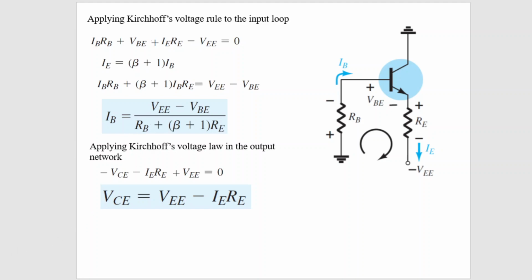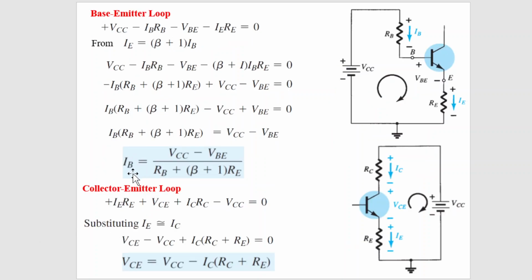But if you recall the emitter bias configuration, we have obtained quite similar equation for base current. So that was IB equal to VCC minus VBE divided by RB plus beta plus 1 into RE. So what is the difference?